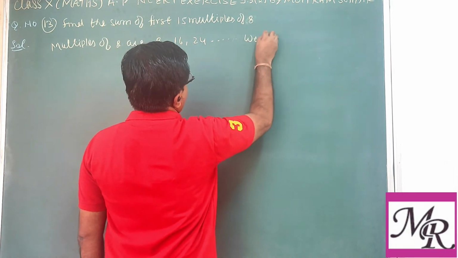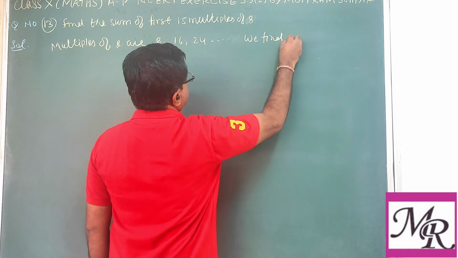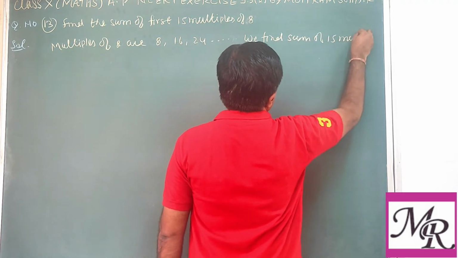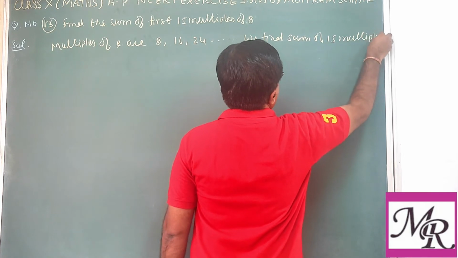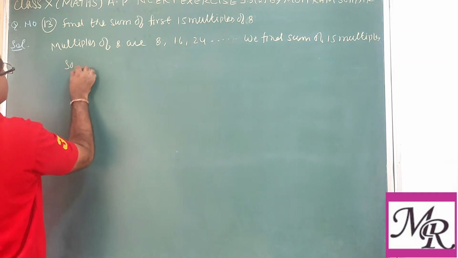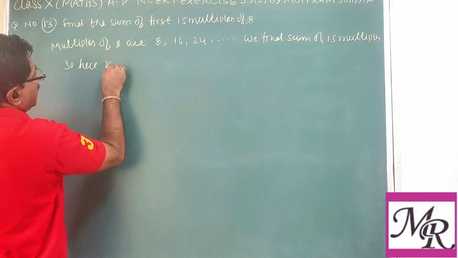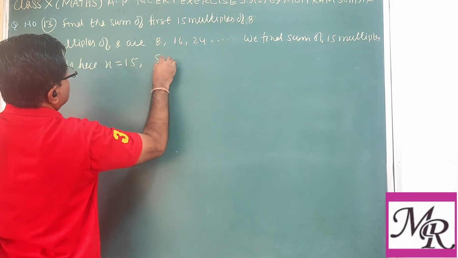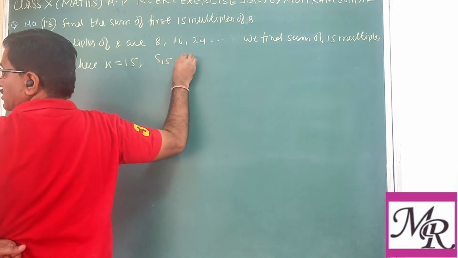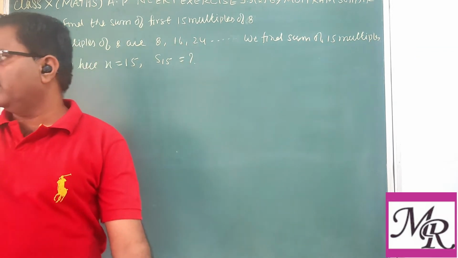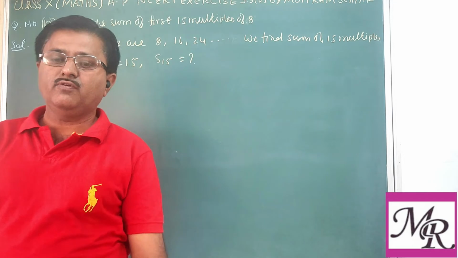We find the sum of 15 multiples. So here n equal to 15 and we want to find S15.